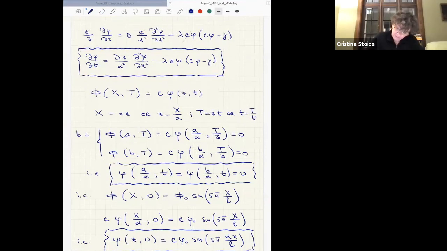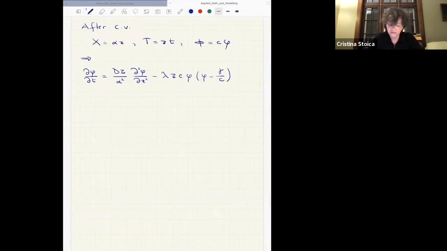So here I'm going to pull this one out, and that's why it's in front there, and now it's gamma over c.